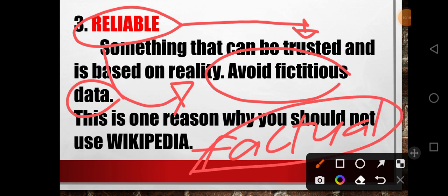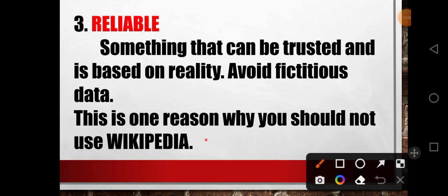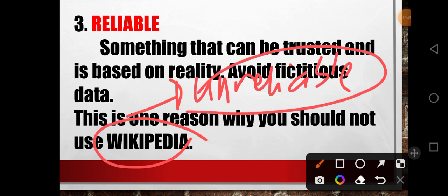Factual in a sense that the data or the information presented is consistent throughout the years of referencing. So this is one reason why you should not use Wikipedia, because Wikipedia, as a platform where you can find resources, is deemed to be unreliable because several common people have access to edit this website.